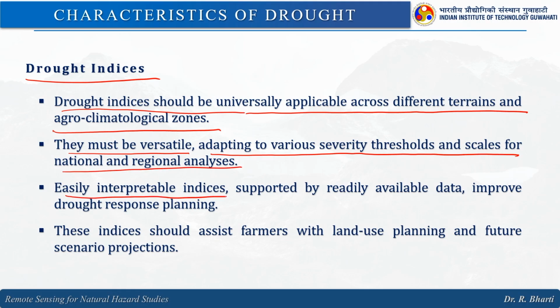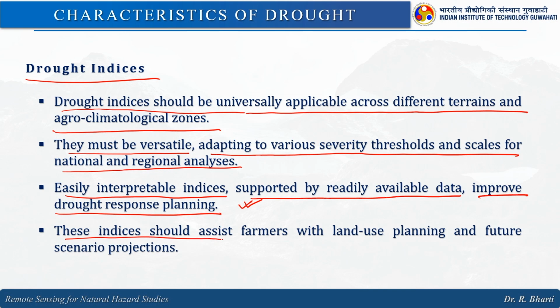Easily interpretable indices supported by readily available data improve drought response planning, because your developed drought index should be very simple to use and it should use data which is available in the public domain or which is easily accessible, right? So, then only you will be able to see the effectiveness of this drought index.